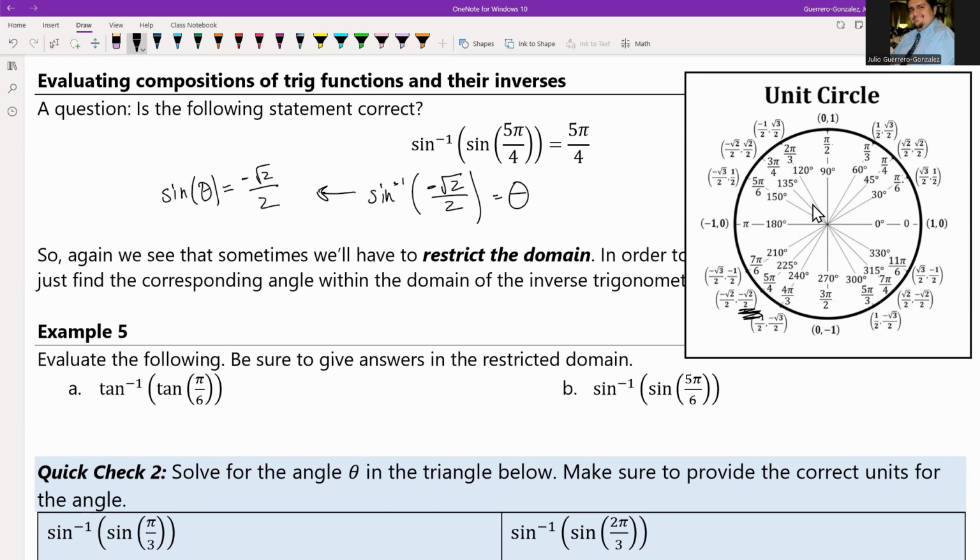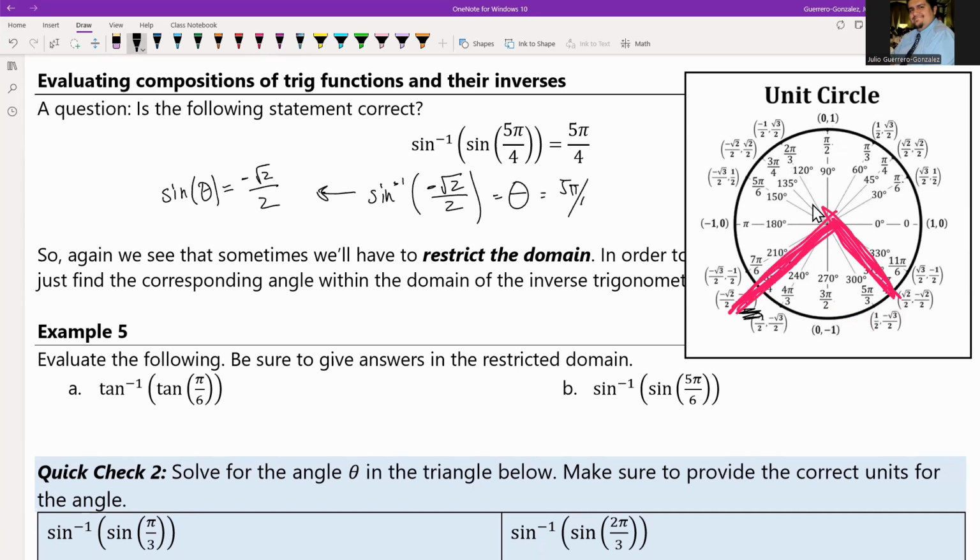Now, this is not entirely incorrect. If we look at our unit circle, when is sine equal to negative root 2 over 2? It's going to be here, and here, at 5 pi over 4 and 7 pi over 4, or negative pi over 4.